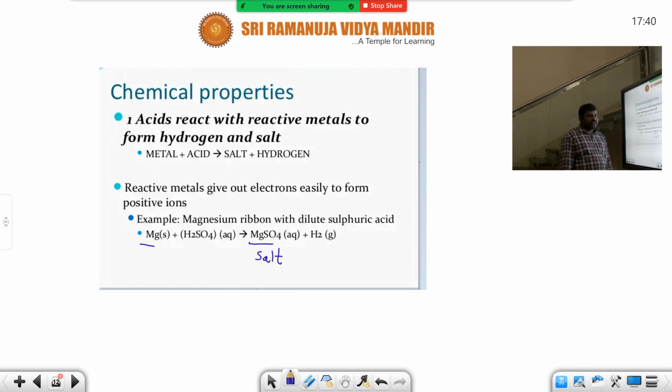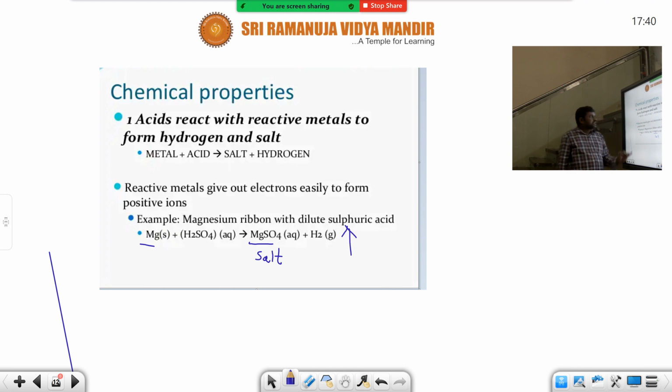What is a normal salt? It does not give any H plus or OH minus ions further. If the salt gives H plus ions, that is acidic in nature; if it gives OH minus hydroxyl ions, it gives a basic salt. Simply, metals react with acids and produce hydrogen gas, which escapes.